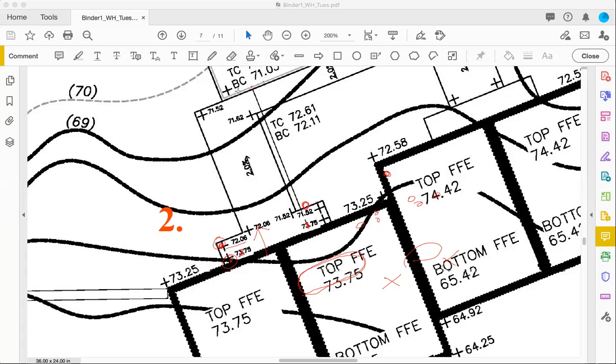In order for this to be ADA accessible, you should use the whole distance here at a maximum 5% slope, calculating the BC and TC here.